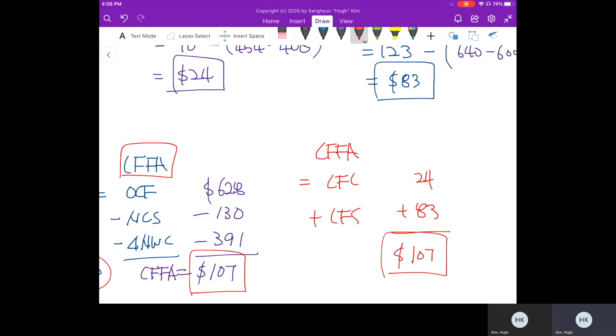So these two identities hold. This is used to check whether you have computed everything correctly, or you can compute cash flow to stockholders if you know cash flow from assets and cash flow to creditors, then you can back out cash flow to shareholders, because the cash generated from assets must be either used to pay creditors or paid out to the owners of the firm.